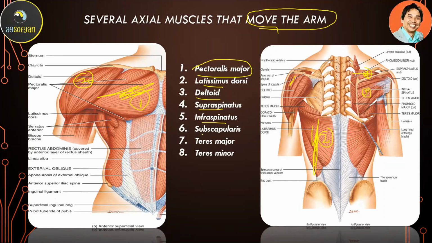Suprascapularis. Okay. The top of the scapula muscles. Okay, scapula is these muscles.